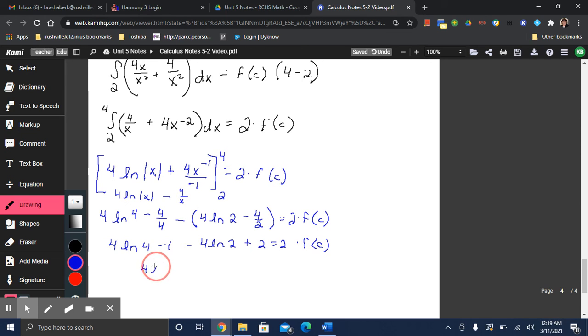You've got 4 natural log of 4 minus 4 natural log of 2, and then plus 1. All of that is over 2, and that's going to be the f of c. So plugging that into your calculator, and again, giving me 3 decimal places, the average value is 1.886. And again, this is the average value of the function.